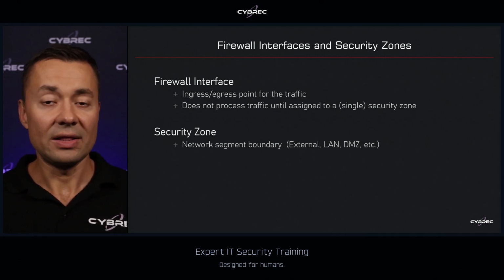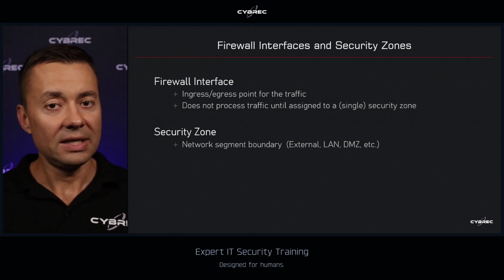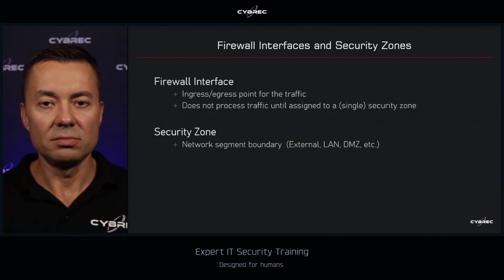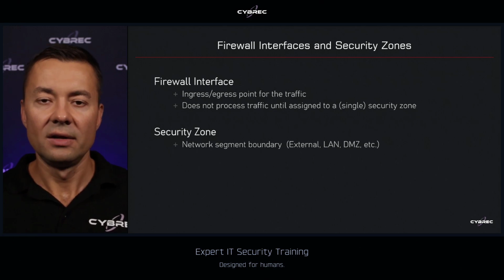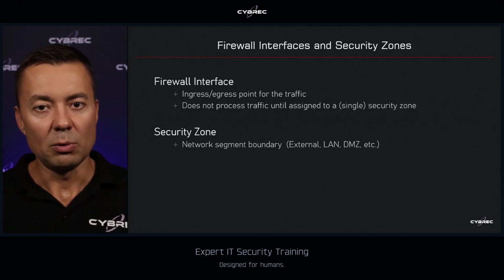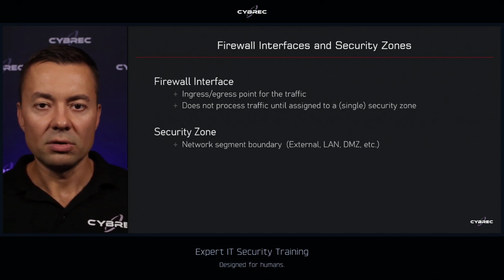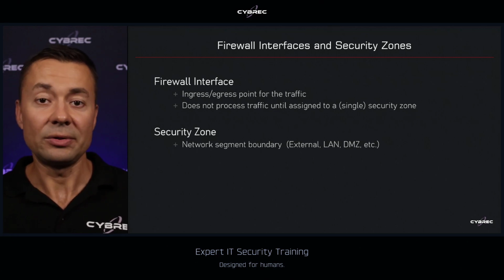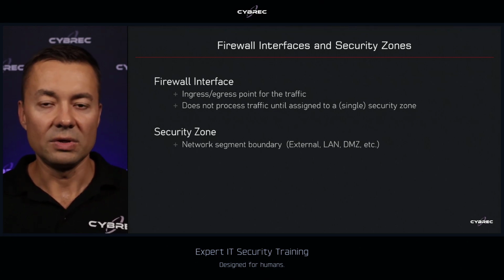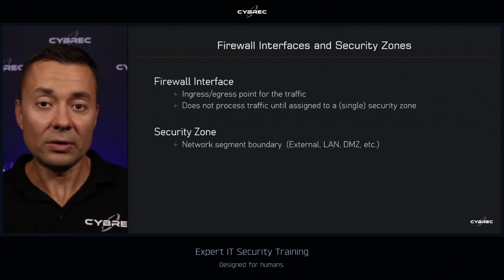So, for instance, we can create a security zone called inside, which is meant to be connected to trusted devices like our internal users. We can have another security zone called outside, external, or internet, which will be connected to the external world, typically the internet.